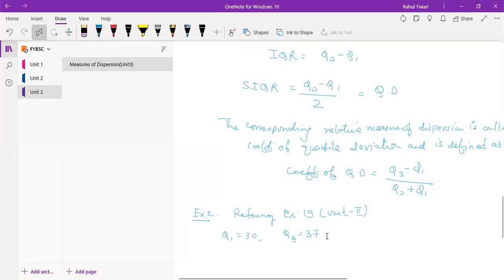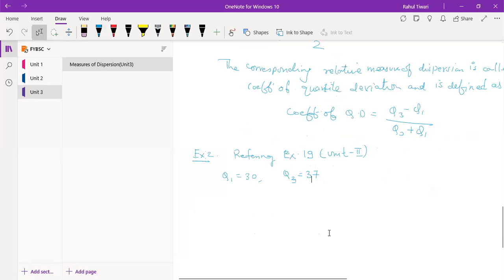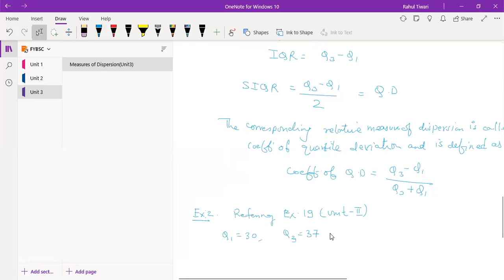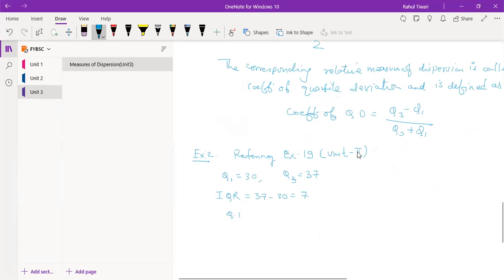Based on Q1 and Q3, you may calculate the interquartile range. So IQR, which we call interquartile range, is Q3 minus Q1, which is 37 minus 30, so the answer becomes 7. And hence one can find QD, which is quartile deviation, which is 7 by 2, which is 3.5.